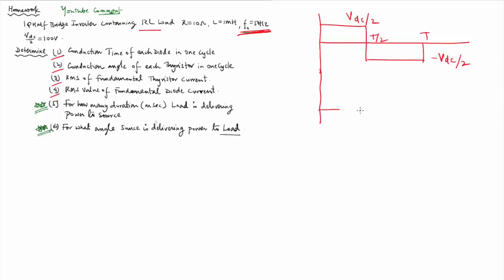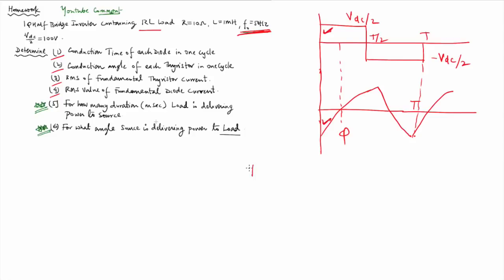Now if you draw the instantaneous value of load current, it will be exponential but shifted by some angle phi that we discussed in the previous lecture, like this. This is my time period T, and this is my angle phi. Now see, from 0 to phi, output voltage is positive and output current is negative. So I can say P naught between 0 to phi will be negative.